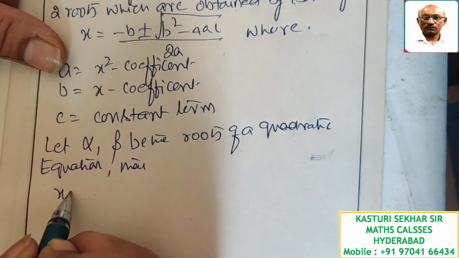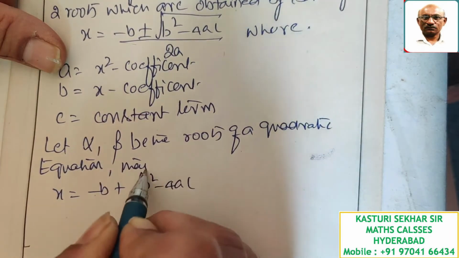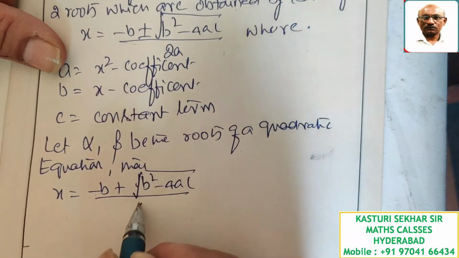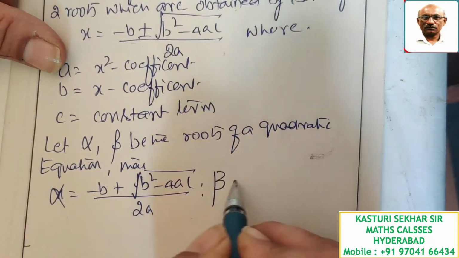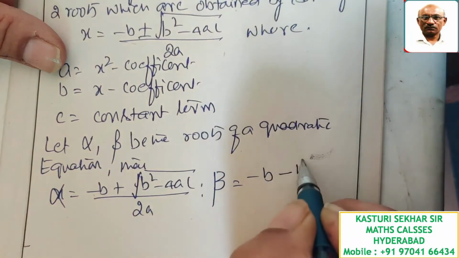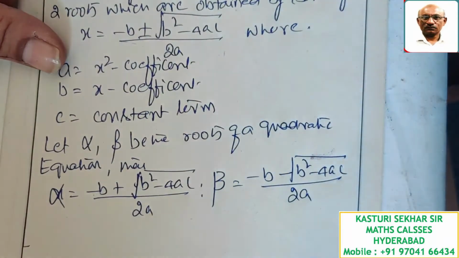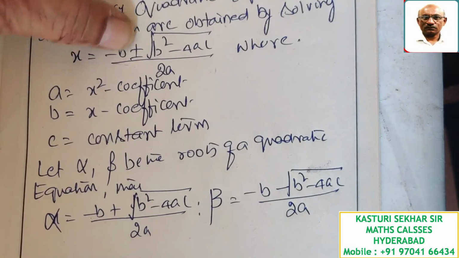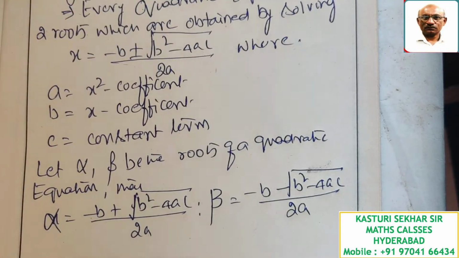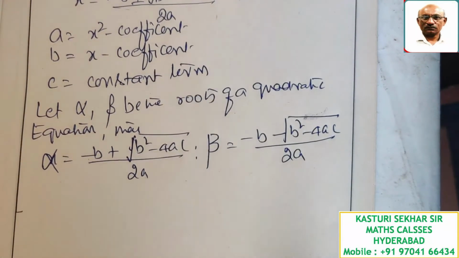Then alpha is equal to minus b plus under root b square minus 4ac, divided by 2a, and beta is equal to minus b minus under root b square minus 4ac, divided by 2a. Alpha is taken with a plus sign between the terms, and beta is taken with a minus sign. Then we can establish some relationship between roots and coefficients of a quadratic equation.